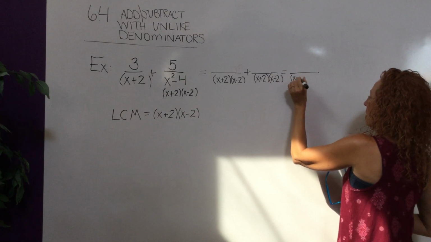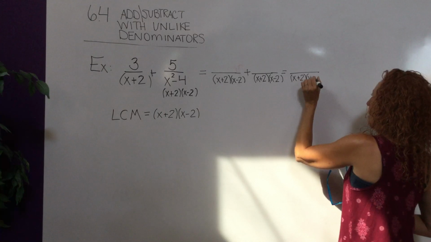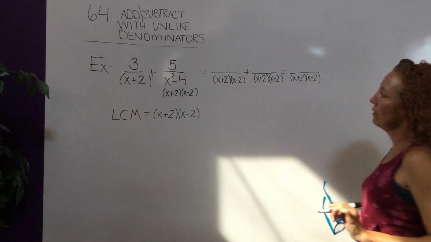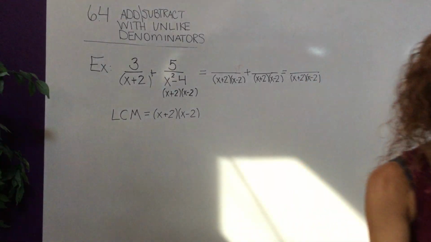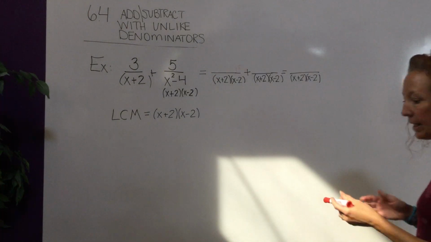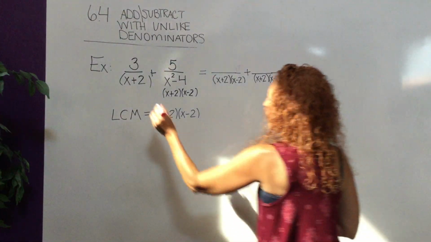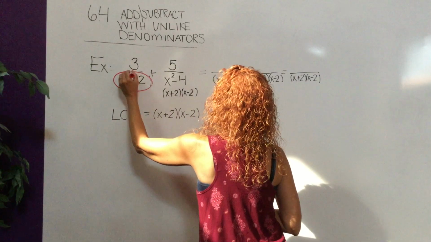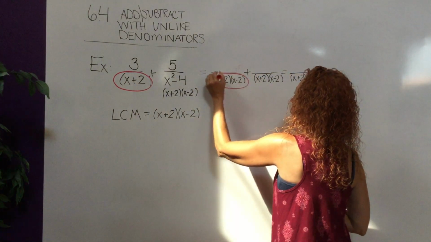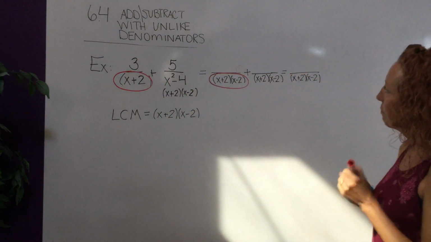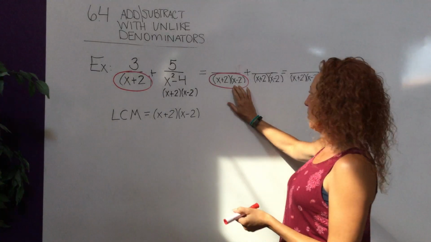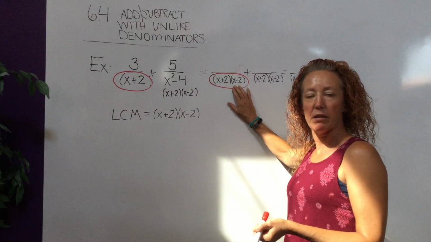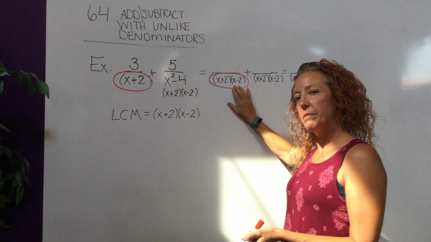And then (x plus 2)(x minus 2). All right, and now we play that same what's missing game, what do I need to multiply by? So I'm comparing here to here. What's missing? I need to multiply x plus 2 by x minus 2. That's the piece that's missing.